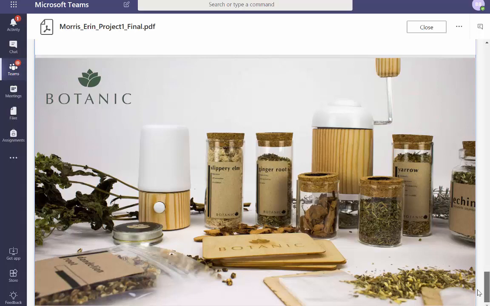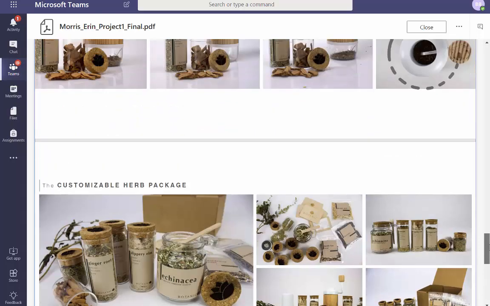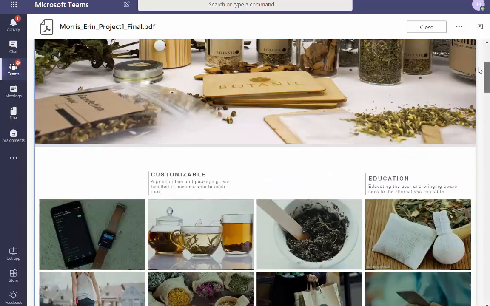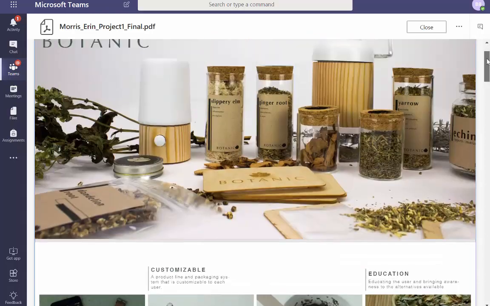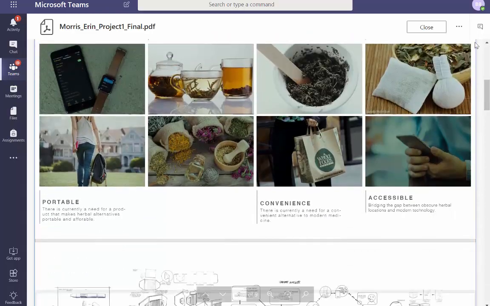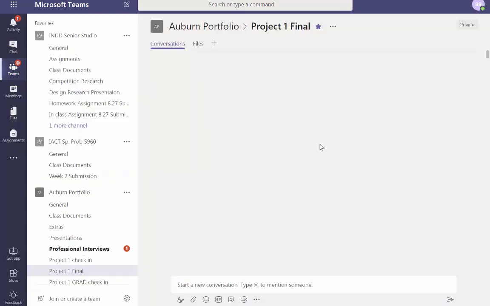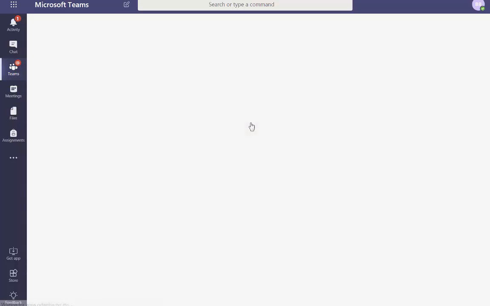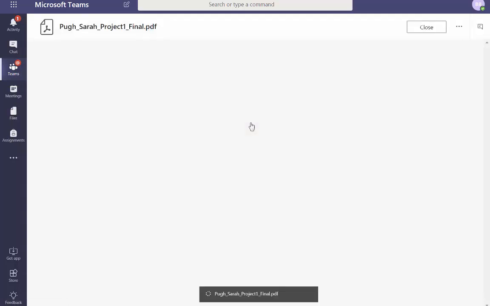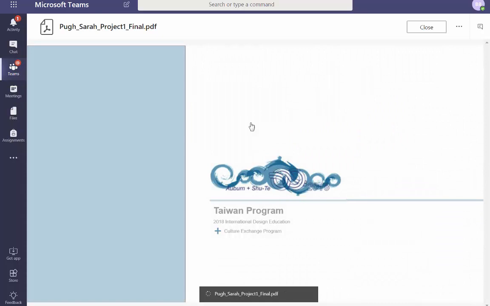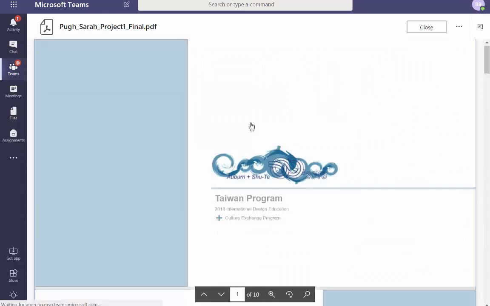Okay. So why do I want to customize an herbal package? Once again, if you unpack it here, I'll understand and appreciate your solution better as we go through it. I lose a little bit of Auburn there.